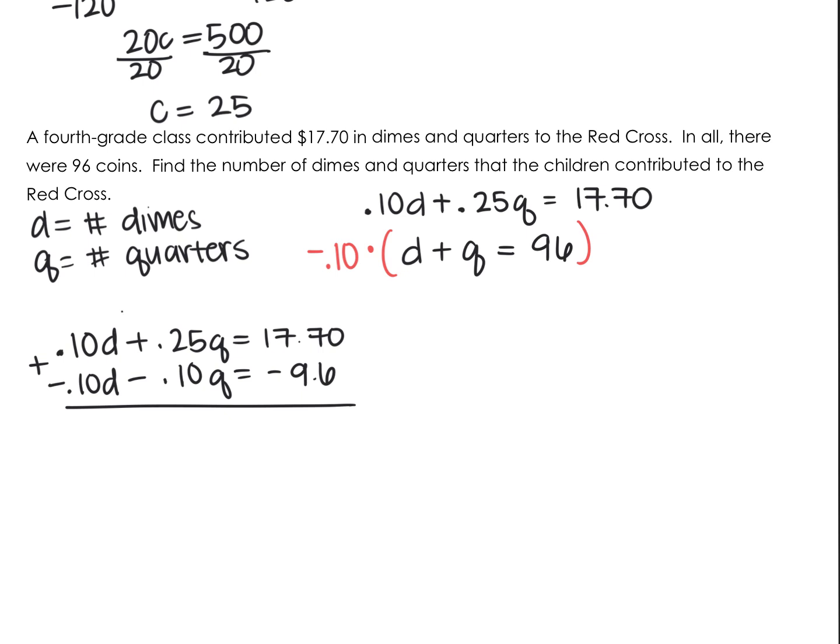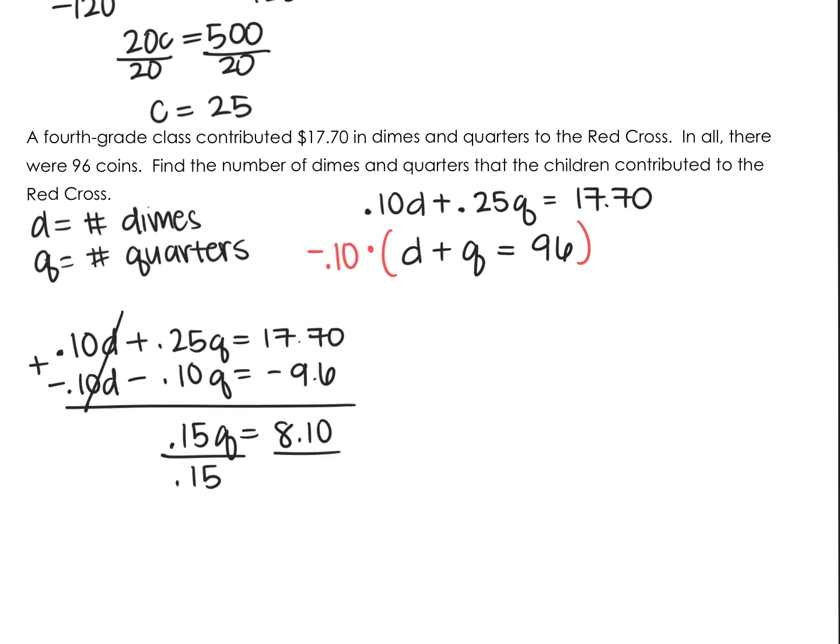When we add together, the 0.10D and negative 0.10D are going to cancel. Then 0.25 minus 0.10 is 0.15Q. And 17.7 minus 9.6 is going to be 8.10.